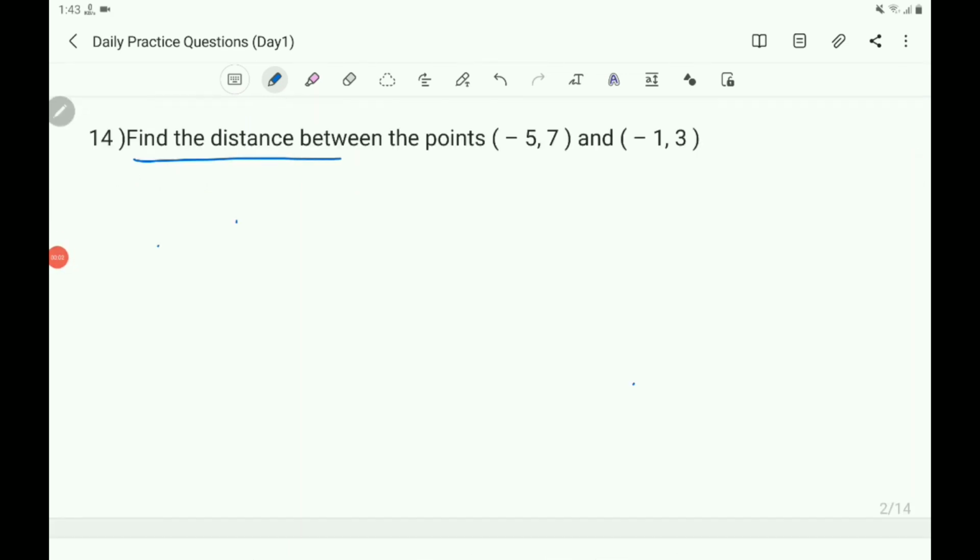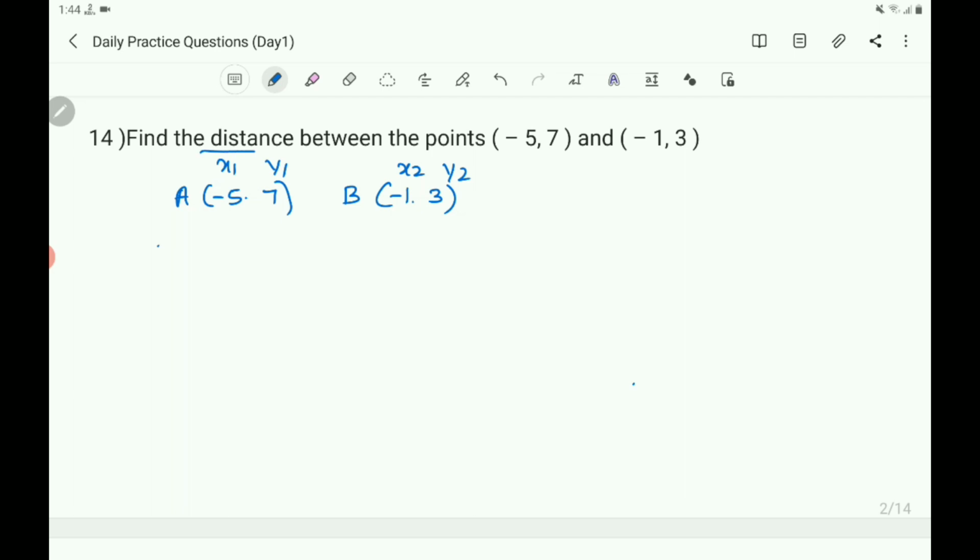Then the 14th question: find the distance between the points minus 5, 7 and minus 1, 3. So you take the point A as minus 5, 7, and the point B as minus 1, 3. So these are x1 y1, and these are x2 y2, or otherwise you write above the points x1 y1 x2 y2.